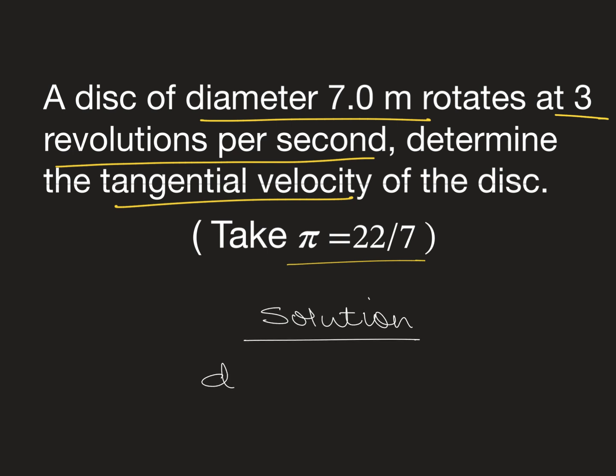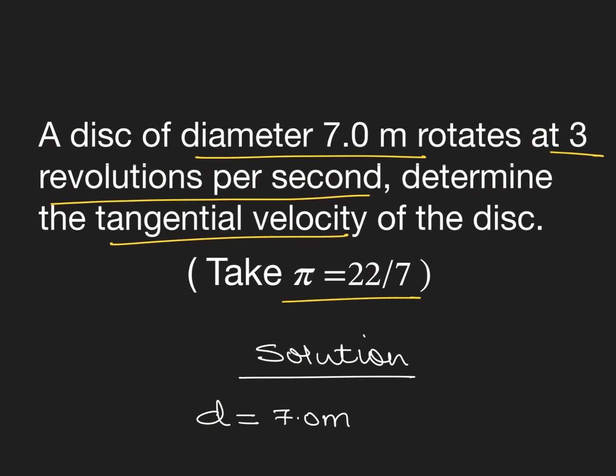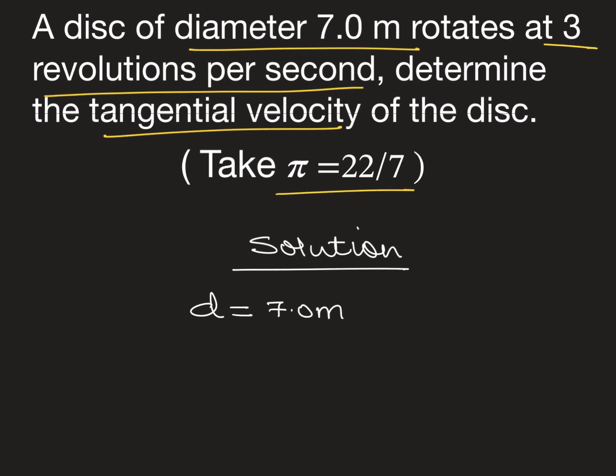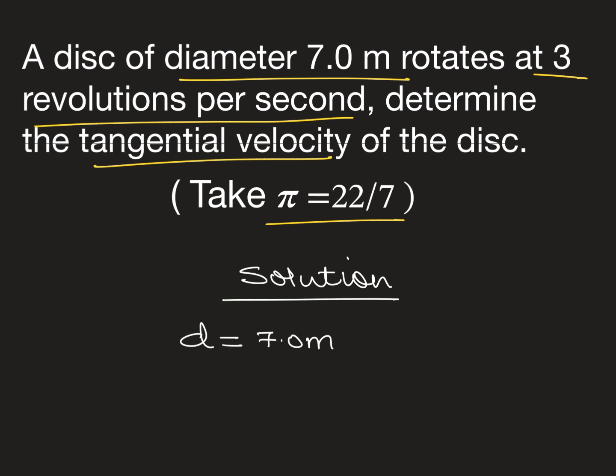The diameter of the disc is given as 7.0 meters. The expression 3 revolutions per second is angular velocity. So which means omega is 3 revolutions per second.